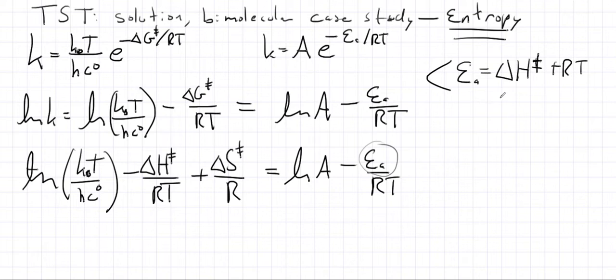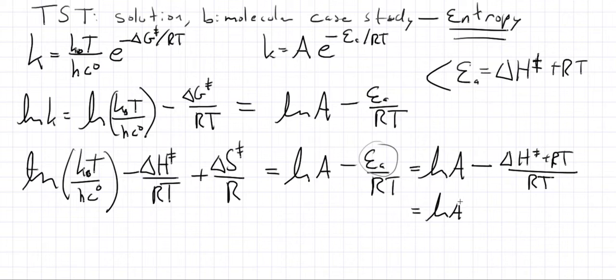If we put that in, we get the log of A minus delta H double dagger plus RT, that whole expression over RT. So we can say that's just going to be the log of the Arrhenius pre-exponential factor minus delta H double dagger over RT minus 1.